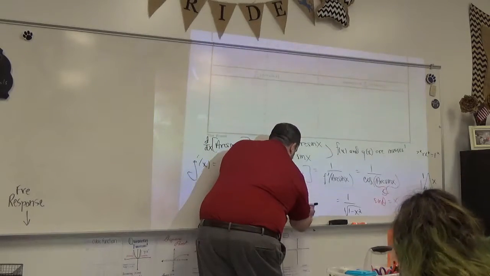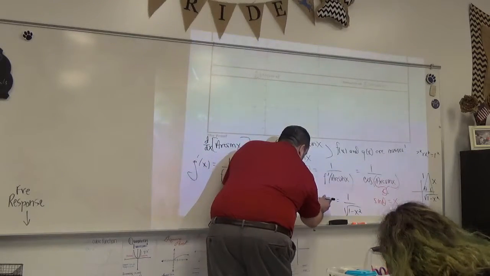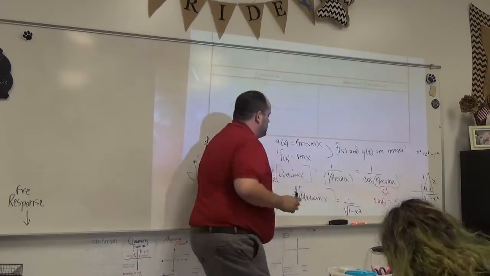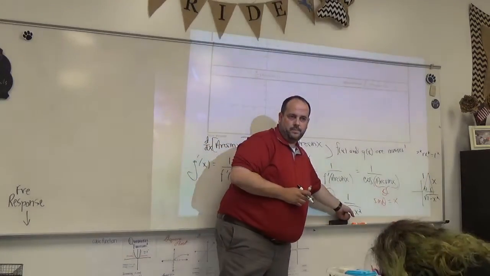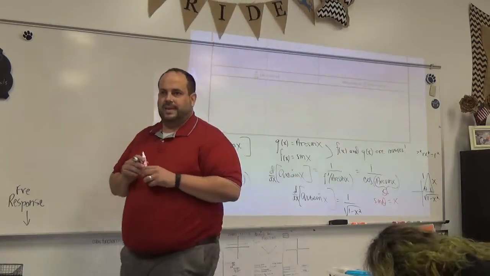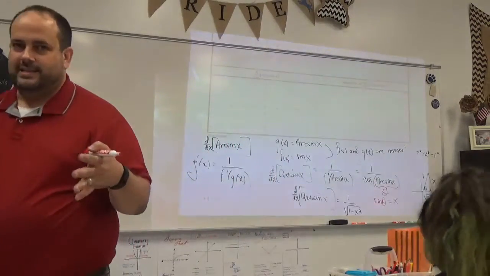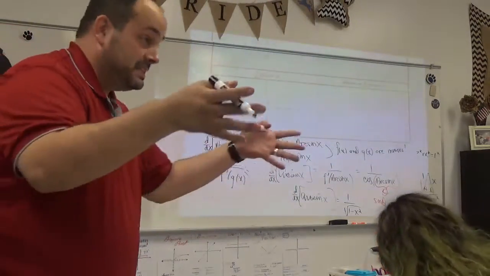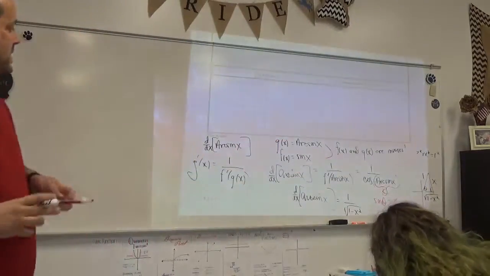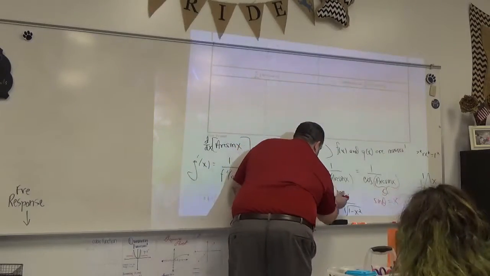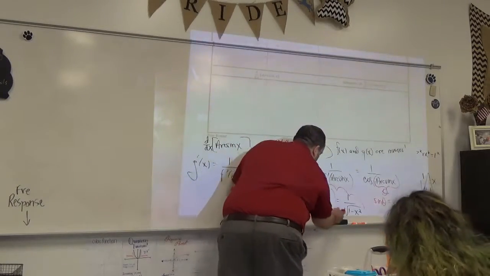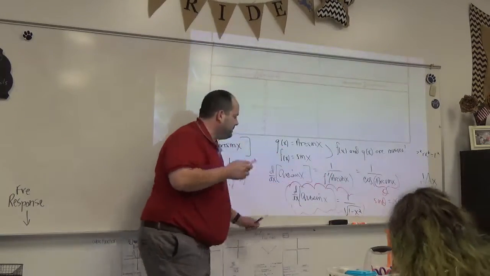This is the derivative. Derivative of arc sine is 1 over the square root of 1 minus x squared. For those of you that are like, is this the thing that I have to memorize? Yes, this is the thing. If the proof went over your head, don't let it freak you out.